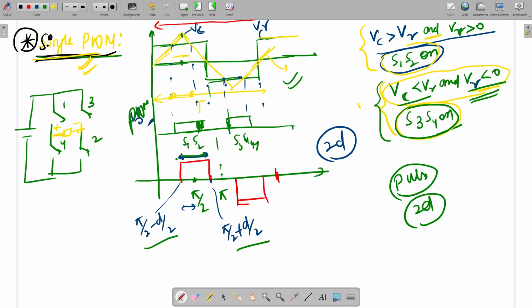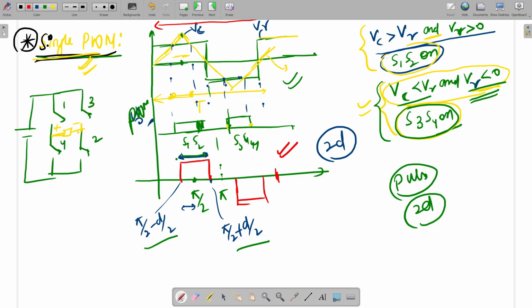Next case, when VC is less than VR and VR is less than 0. Where is VR less than 0? In the second half cycle. VR is less than 0 already, but VC should be less than VR. VC is less than VR here, so it will give S3 and S4 pulses during these two points, and we will get this kind of output voltage.